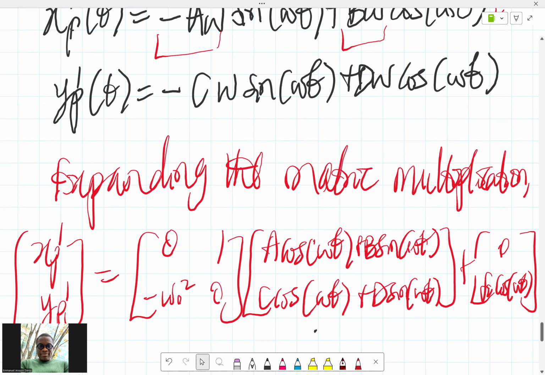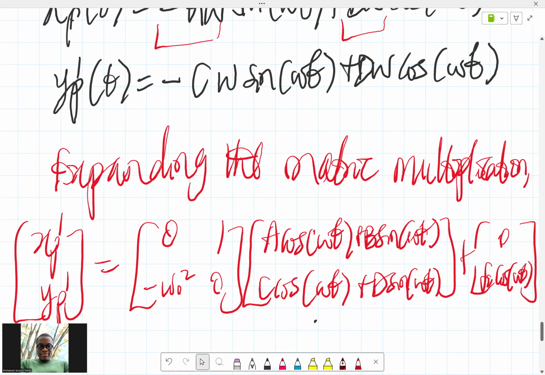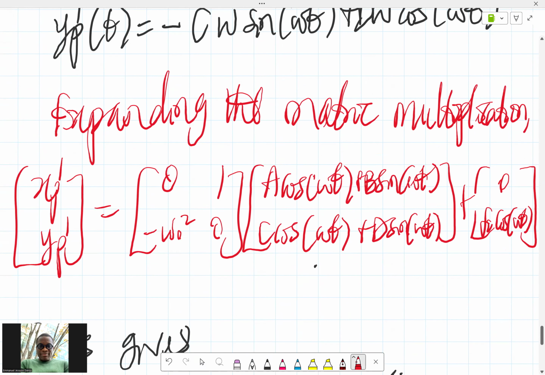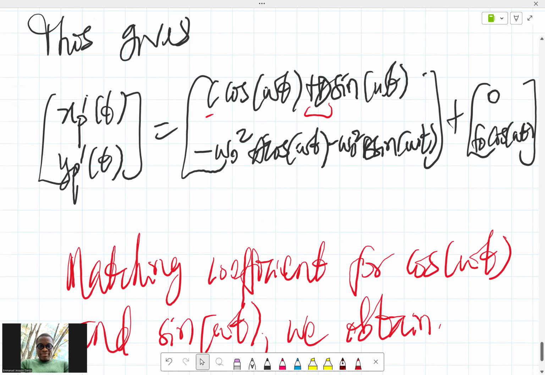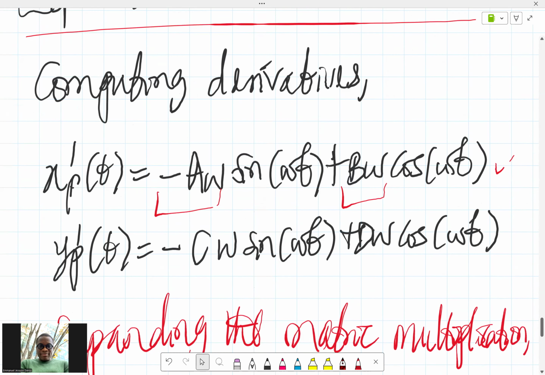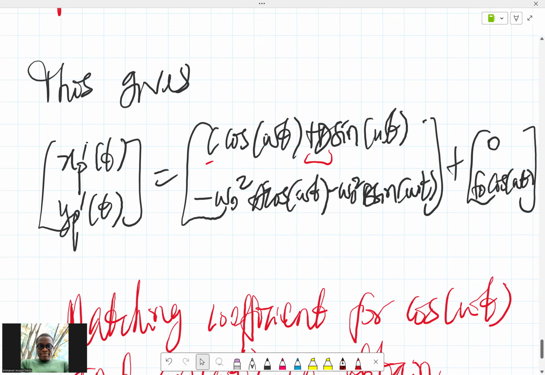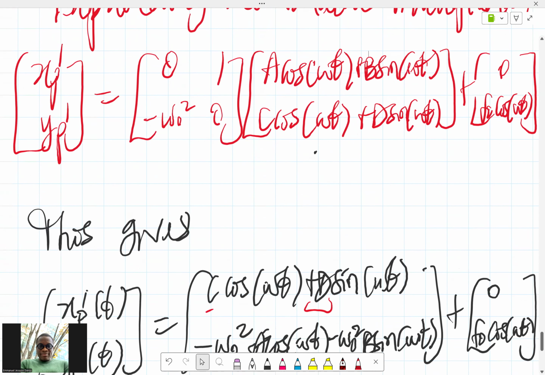I think this is what we should be comparing. So for xp of t, C goes with that, then D goes with the coefficient of sine. So the coefficient of sine omega t here is D.